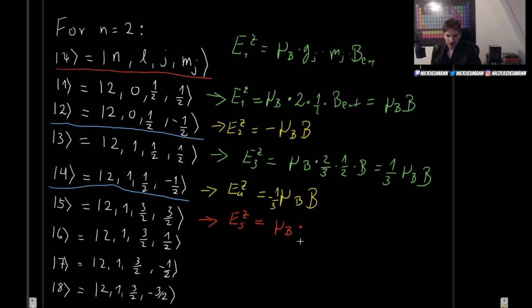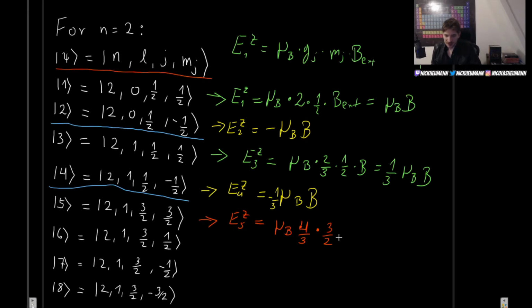All right, so our g_J is 4/3 now. And our mj is 3/2, so times 3/2.